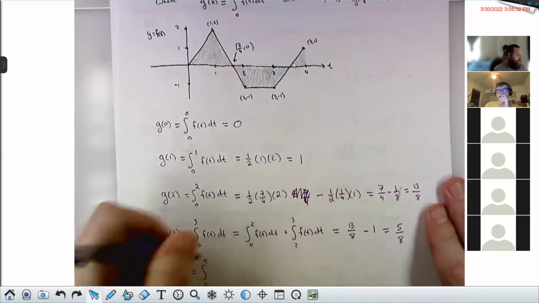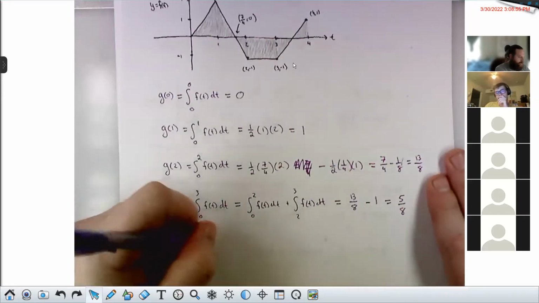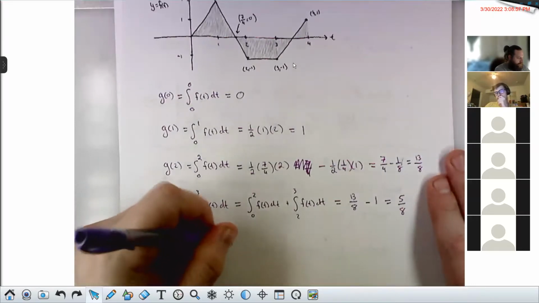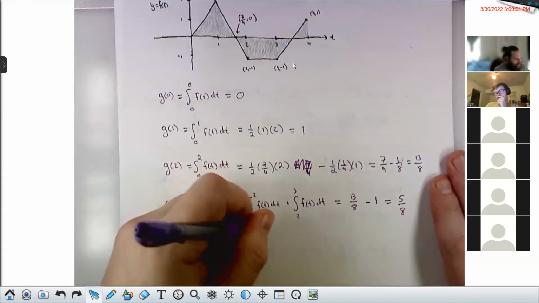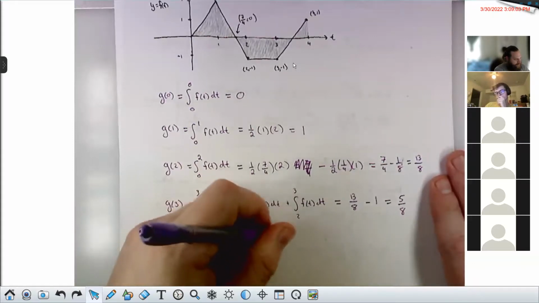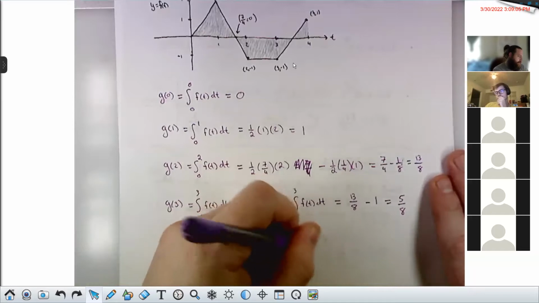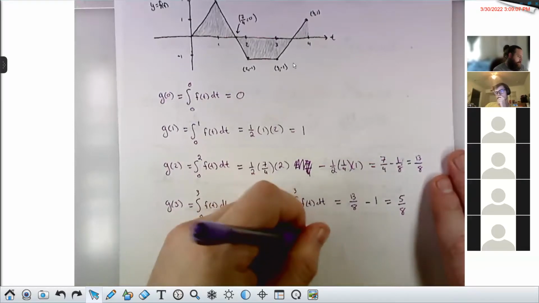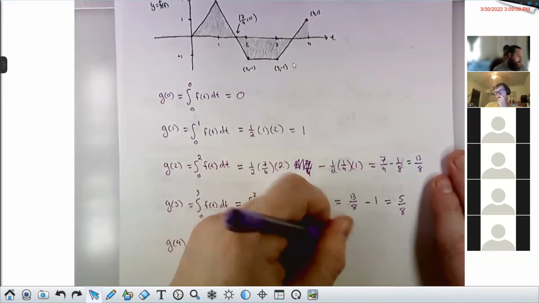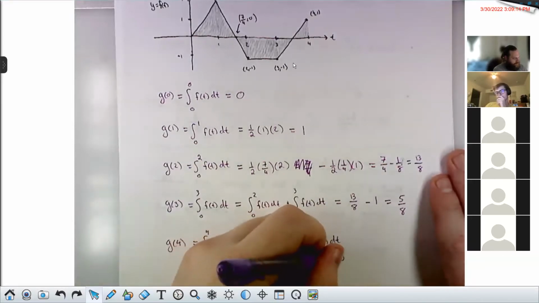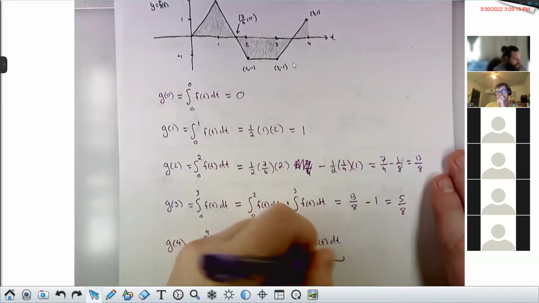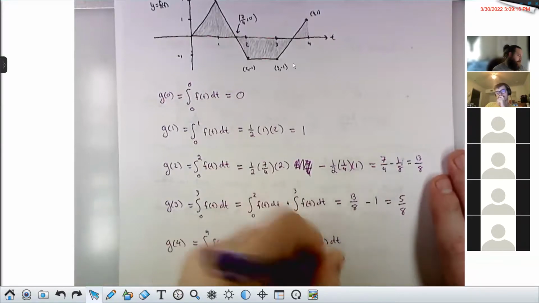So I'll begin by saying G of 4 is the integral from 0 to 4 of f of t dt. And I would split that up as the integral from 0 to 3 of f of t dt plus the integral from 3 to 4 of f of t dt. And the fun observation here is that this is 0 by symmetry.